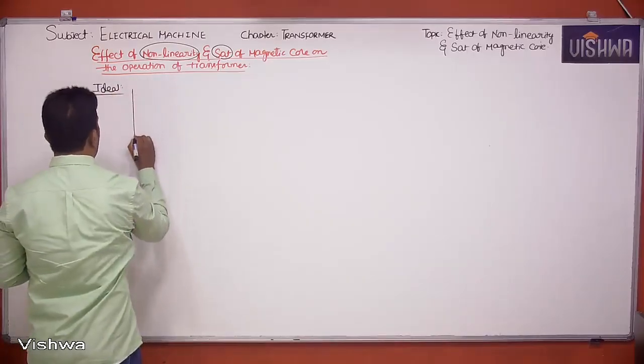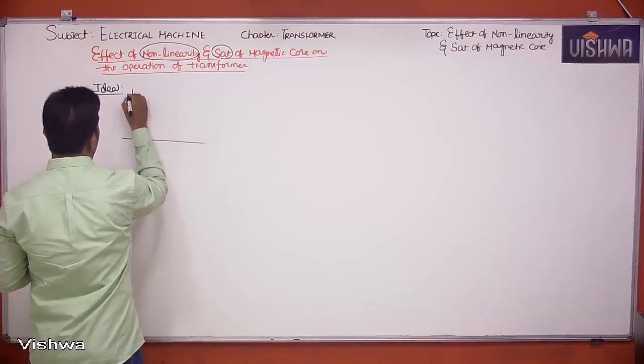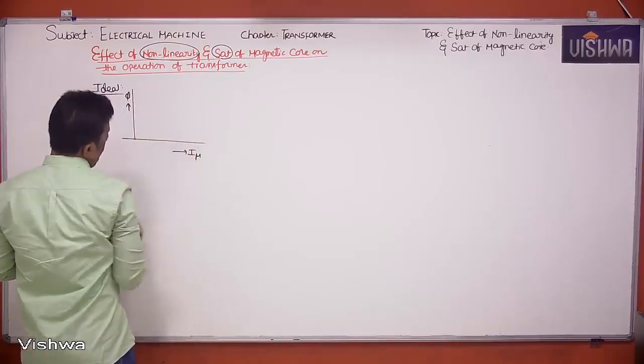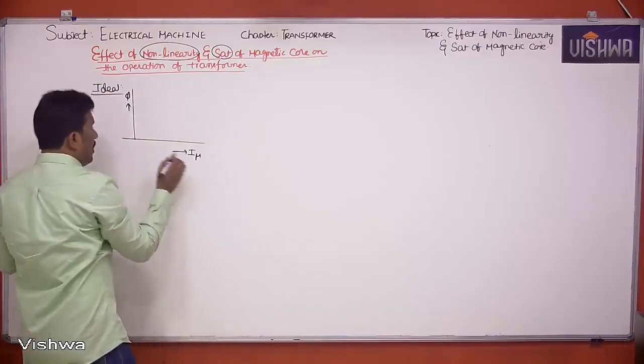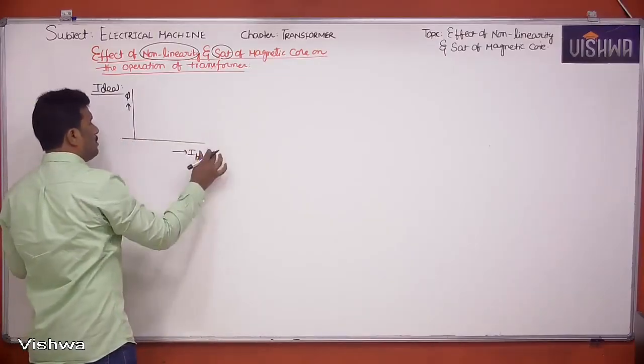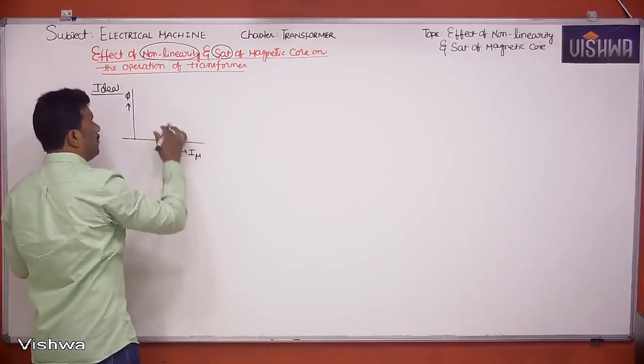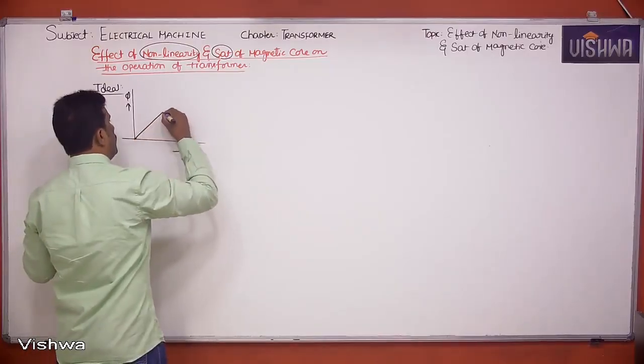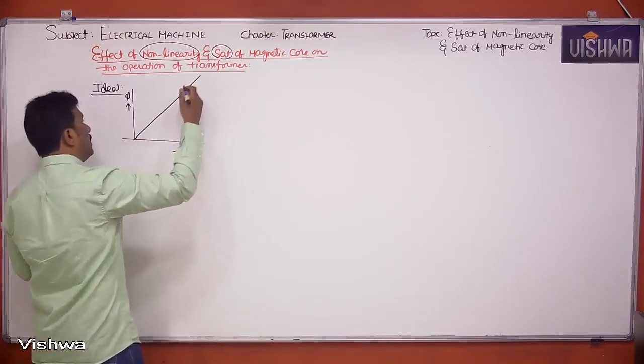If you want me to draw the shape of flux versus I mu graph, if you increase I mu value, flux will increase. That means there is no saturation.